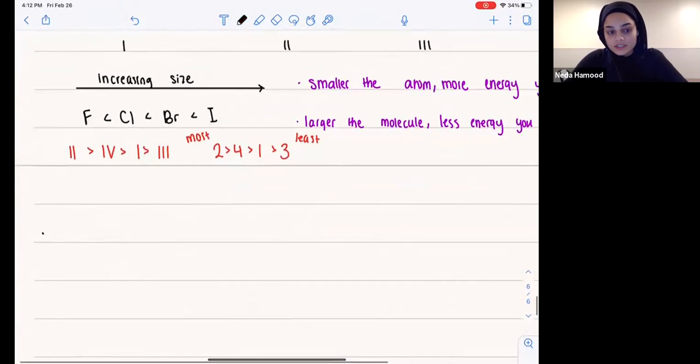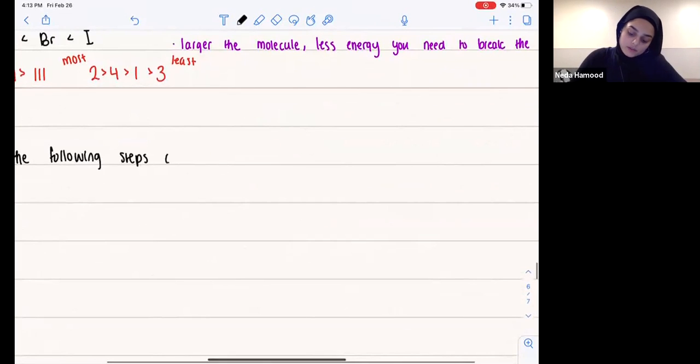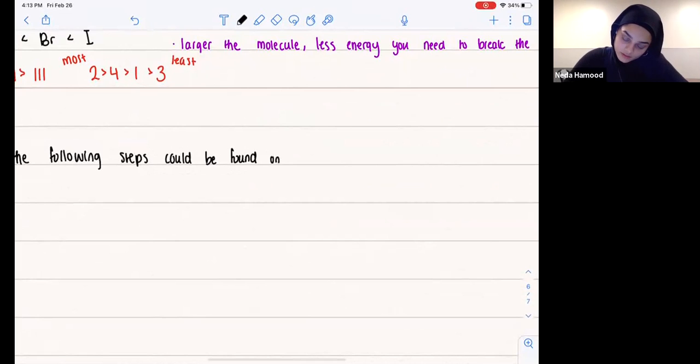Okay, next question. Which of the following steps could be found in an Sn1 mechanism?